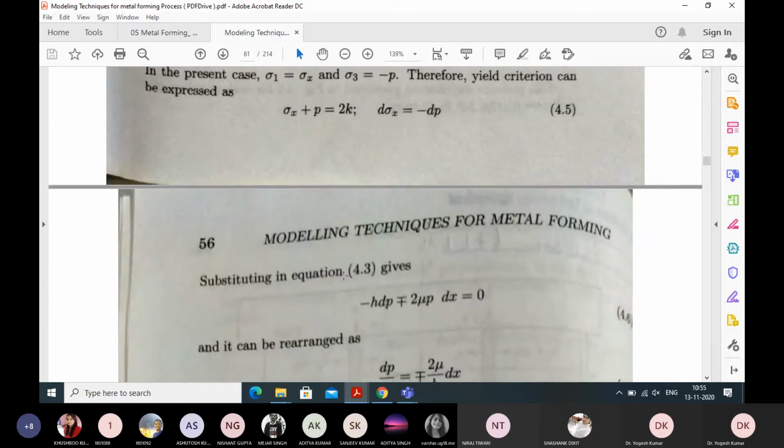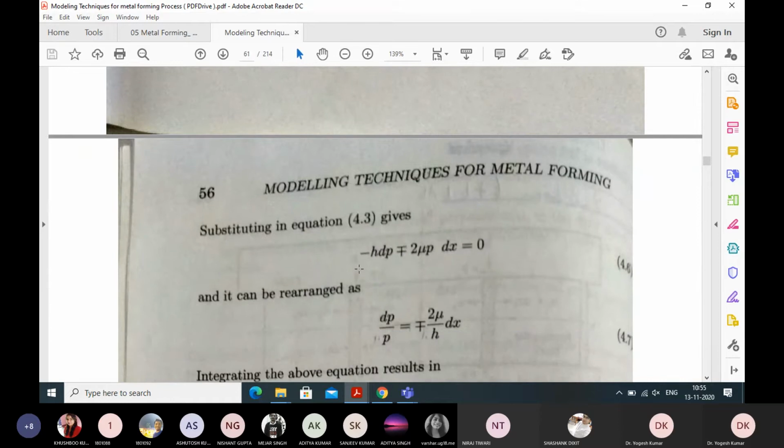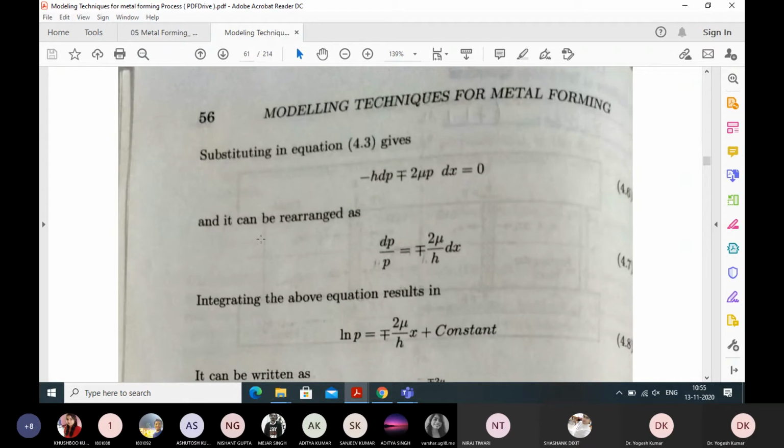So this equation becomes minus h dp minus plus twice mu p dx. This can be rearranged as dp upon p equals minus plus twice mu upon h into dx. I think this is simple mathematics.